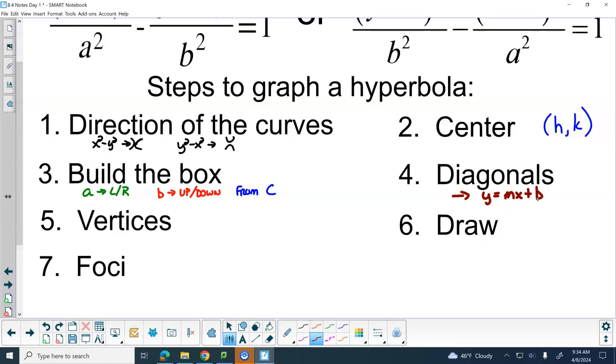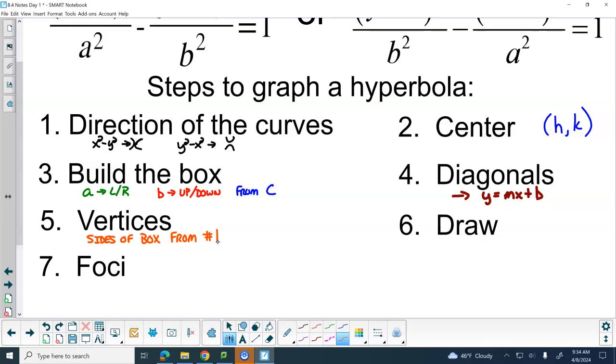Vertices are going to be on the side of the box. The same sides of the box as in number 1, the direction of opening. So if it's left and right, it's left and right sides of the box. If it's up and down, it's upper and lower, up and down sides of the box.